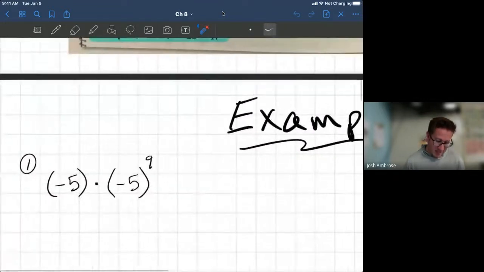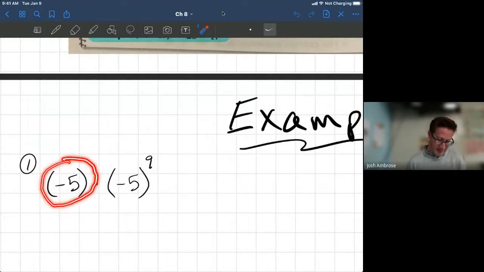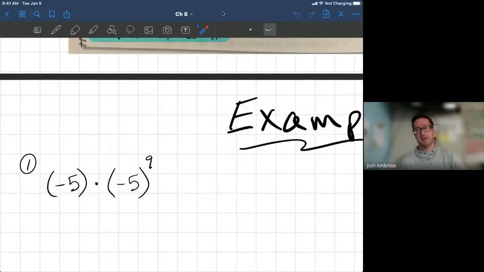If you notice this guy right here, it looks like it doesn't have an exponent, but it does. There's always an exponent written. What is that exponent? It's a 1. So let's write that in there because they won't give that to you, but it does exist. So this goes back to that first example.